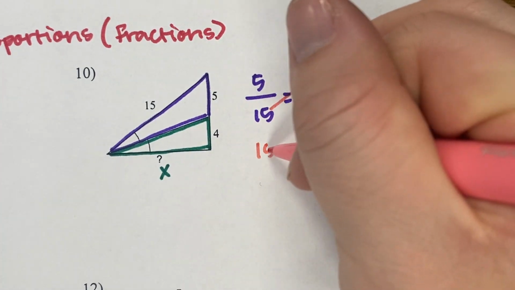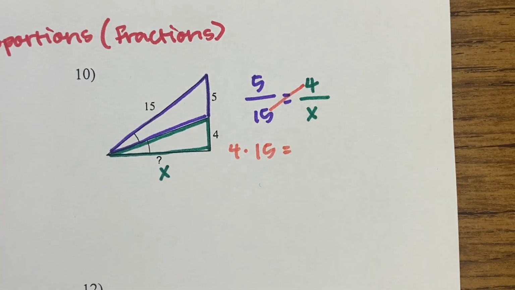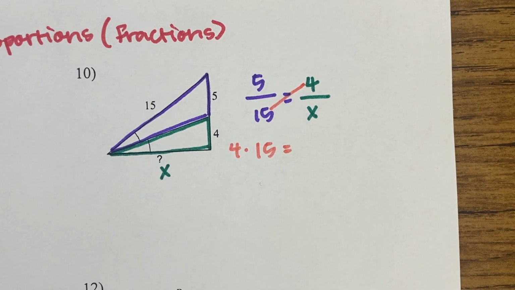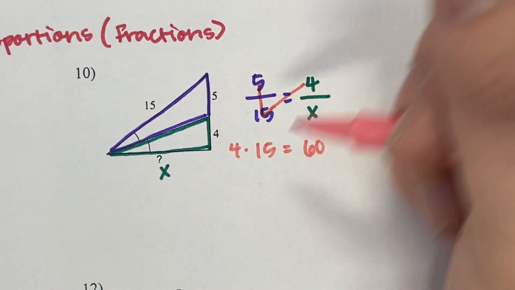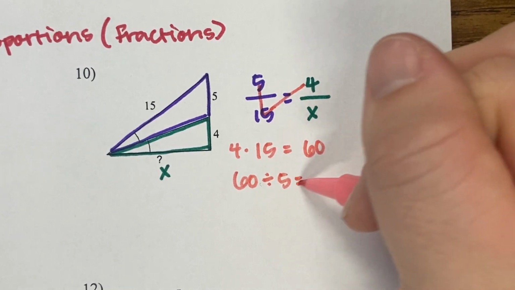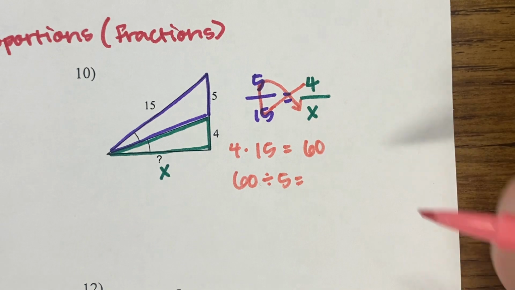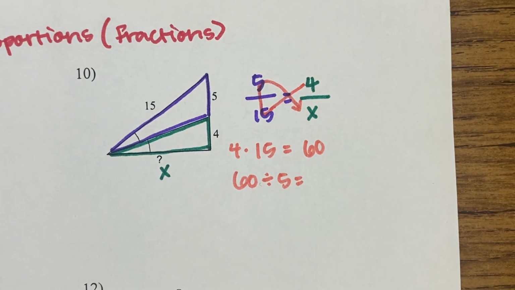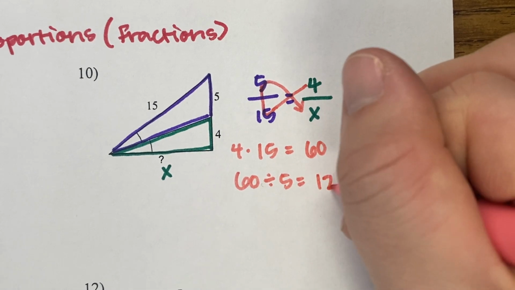Okay, so we have 4 times 15, which is going to give me 60. And then once you go up, you're going to divide. 60 divided by 5 is going to give us our x. You see how it creates this little fish-looking drawing? So 60 divided by 5 is 12.